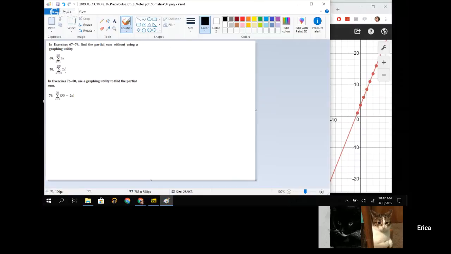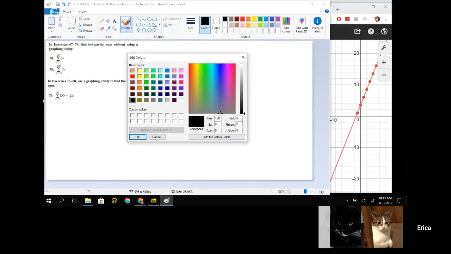If you want to find the sum of a finite arithmetic sequence, again, this is on page 595 of your book if you want to get the box out.